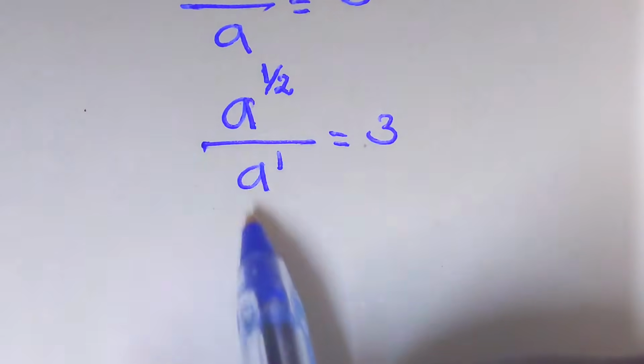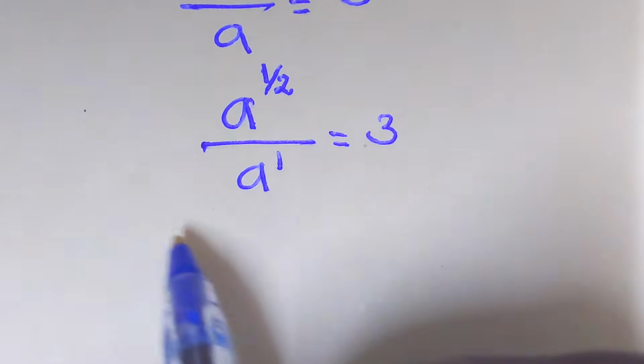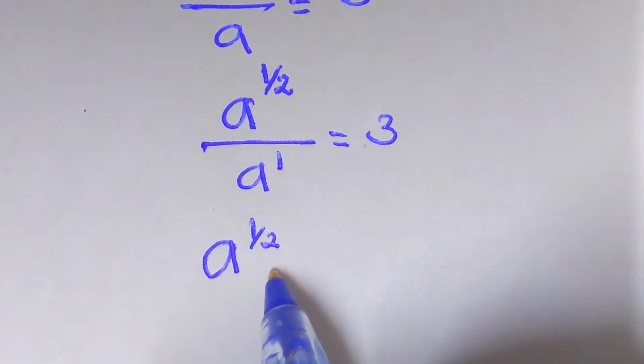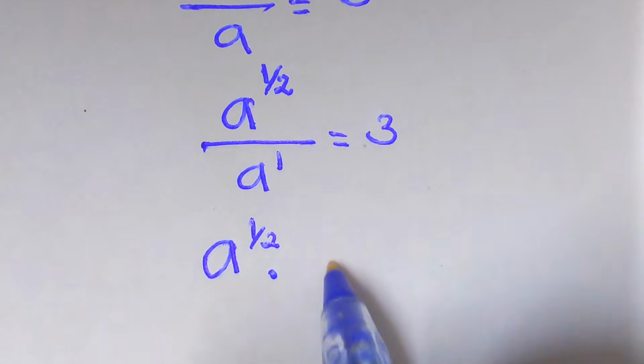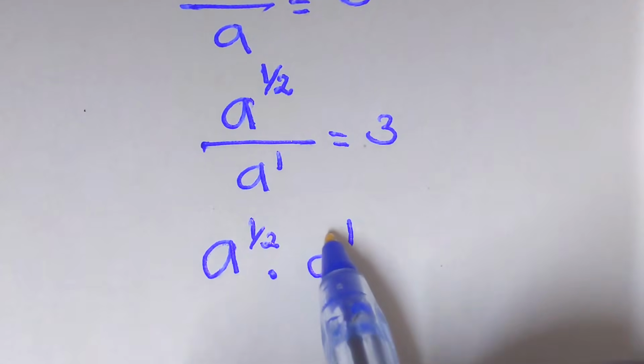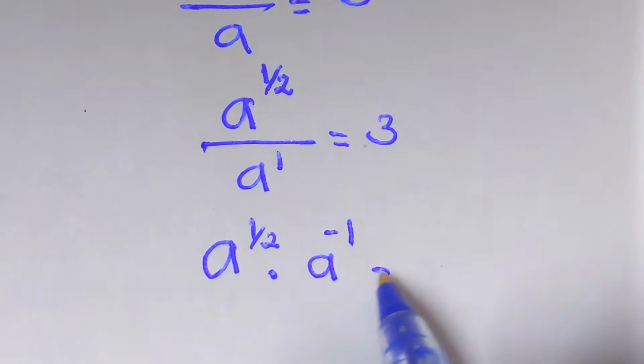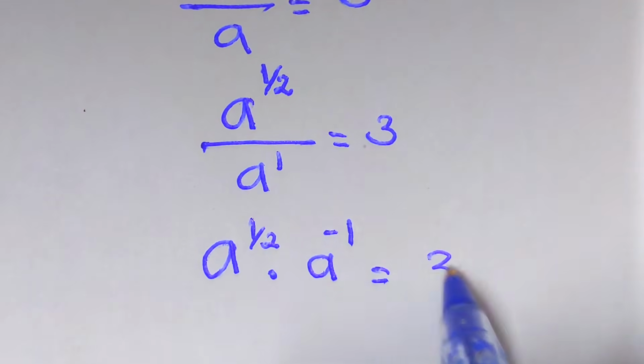When we are dividing we subtract the powers, so we shall get a power 1 over 2 minus 1.